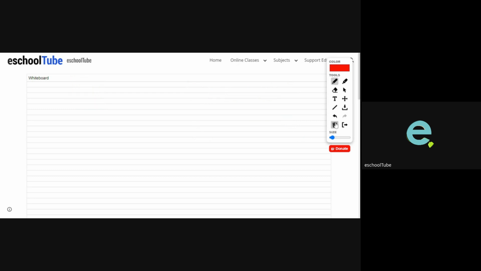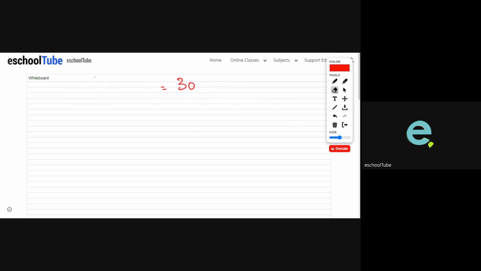Now coming back to the equation. For example, our equation was 4x plus 6 is equal to 30. Or for example, let me remove this.